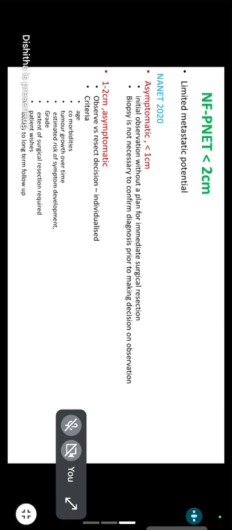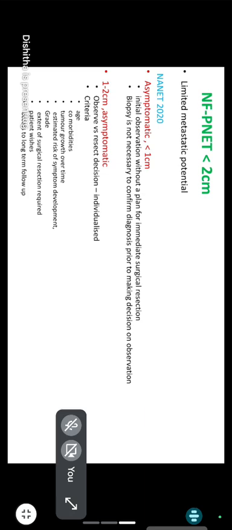If the patient is elderly, we can as well observe rather than doing a surgery, because these are known to have a very good overall survival even when observed. So patients with multiple comorbidities, we can observe rather than resect. If the tumor growth over time is high, in that case we can resect.